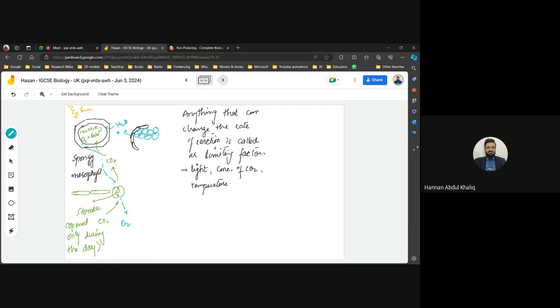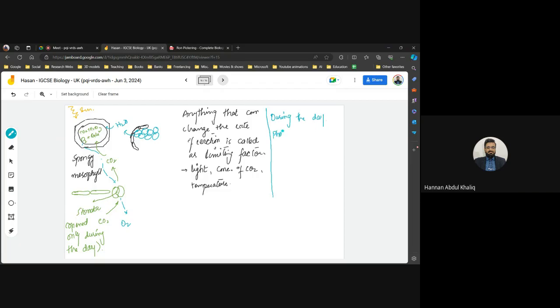One thing you need to remember very clearly before moving any further into the limiting factors is: during the day, what things are happening?